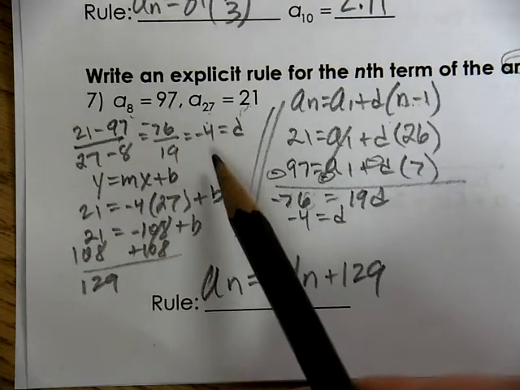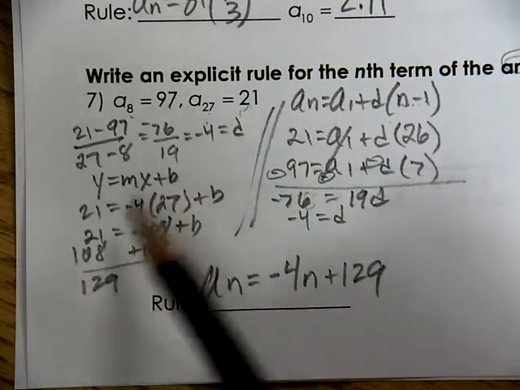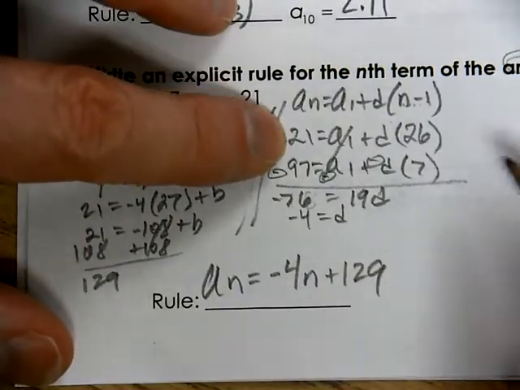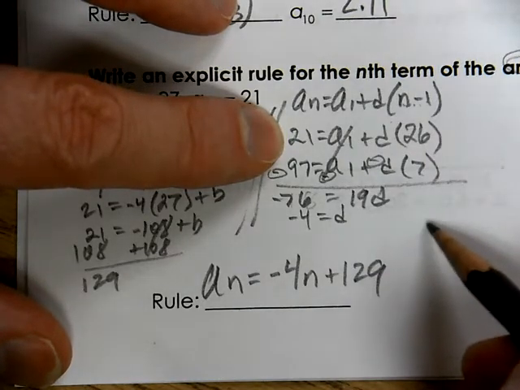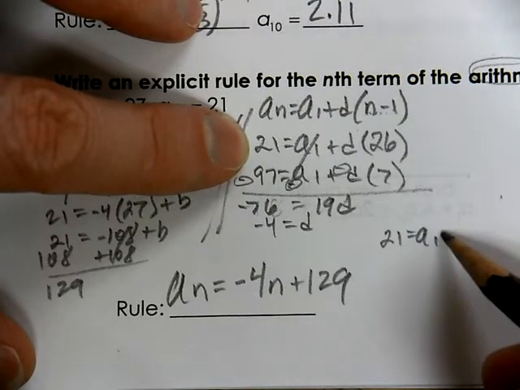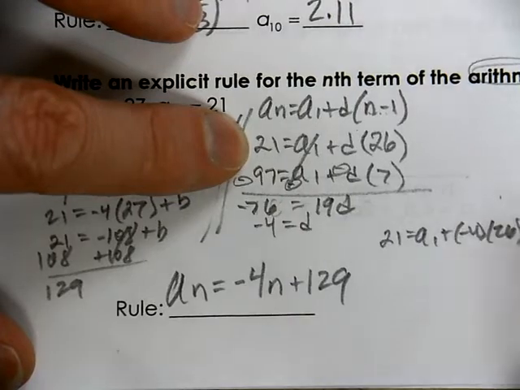So that's just another way that you can get your common difference rather than doing slope. Slope is probably smoother. But this y equals mx plus b is something you've learned in the past. Anyway, once you know that, you can plug it into either equation. Doesn't matter which one. So 21 equals a of 1 plus a negative 4 times 26.